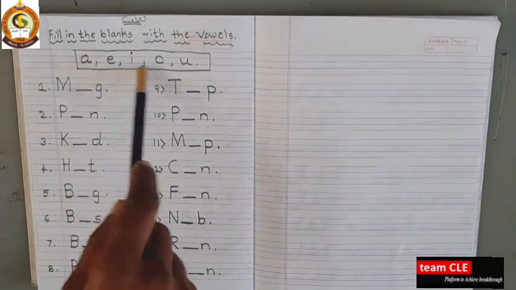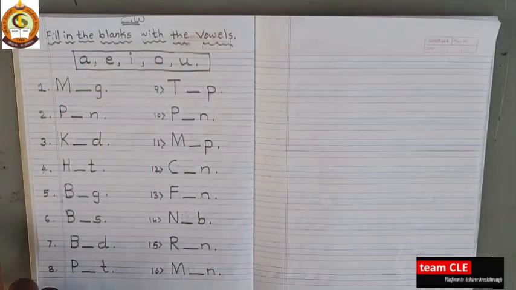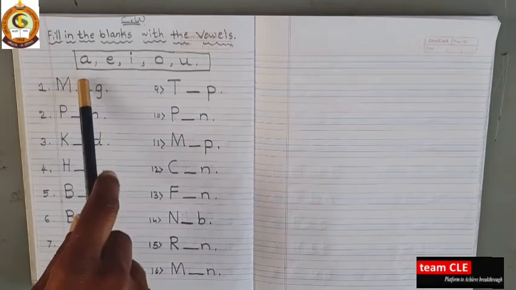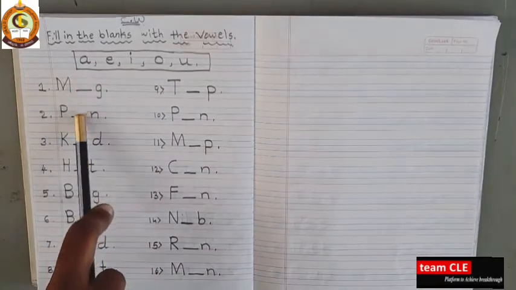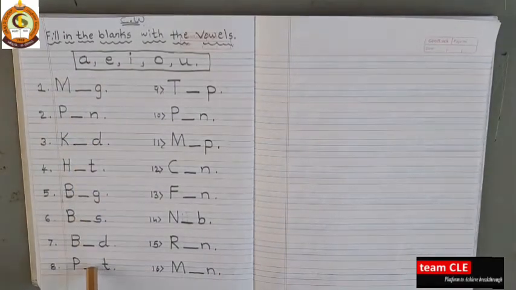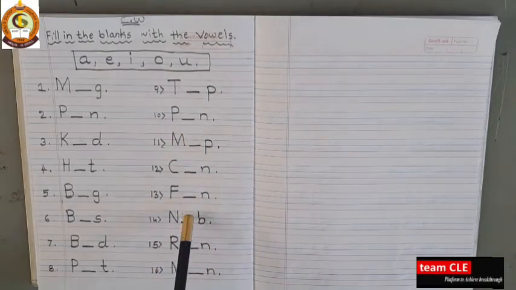We had to write these vowels. Which vowel is correct? That vowel we had to write here to complete the word.